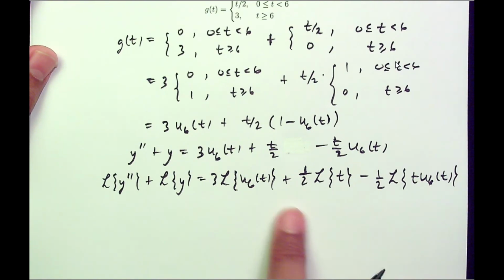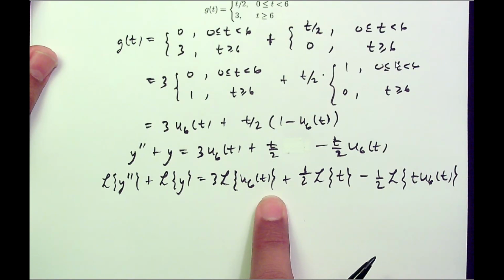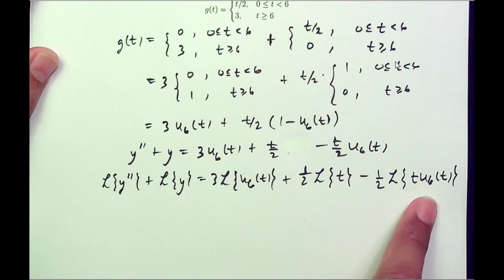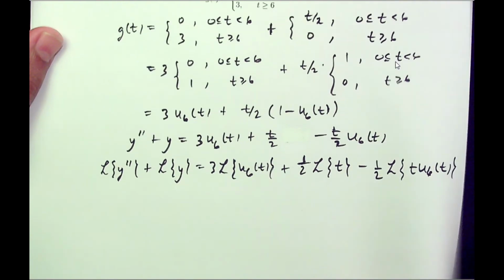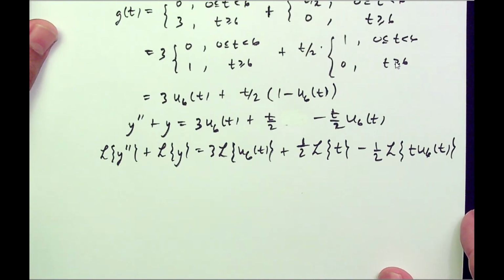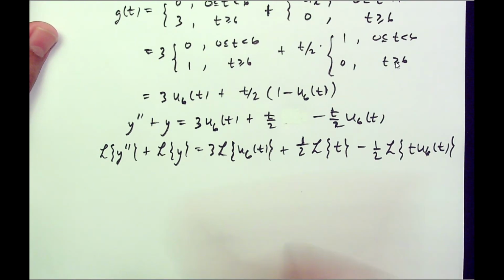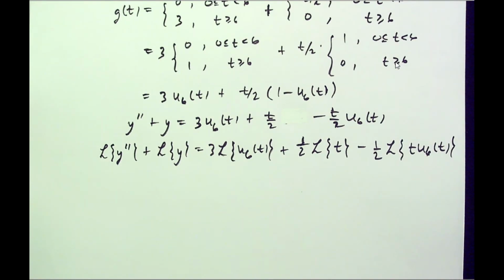This one is readily on the table of Laplace transforms, and so is this one. This one is not, so it's going to need a little bit of work. So before we continue, I think we should work this out. So let's do that.